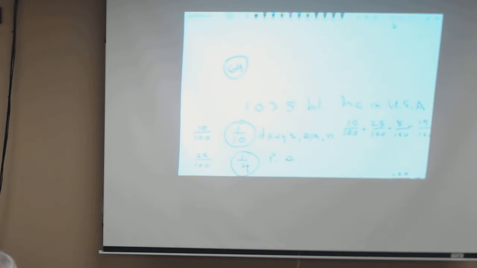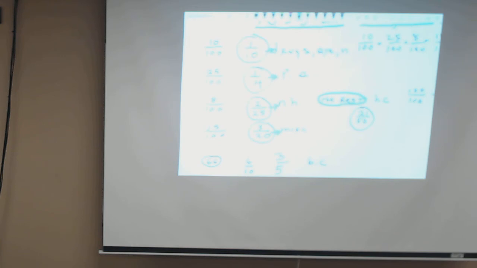64 says, in a recent year, 1,035 billion dollars was spent on health care in the USA.